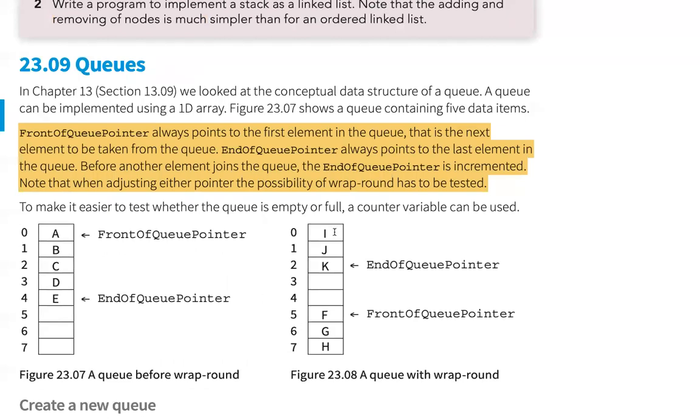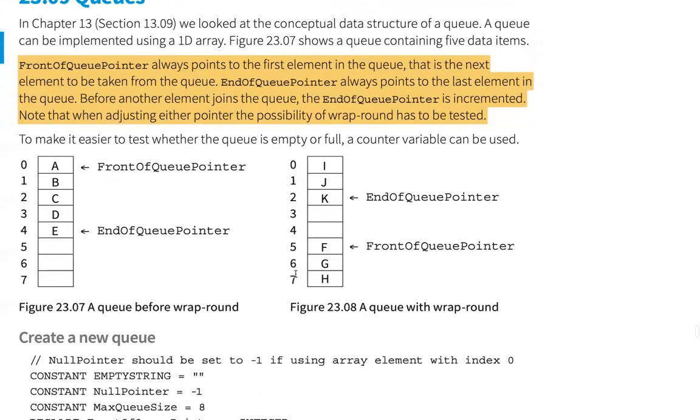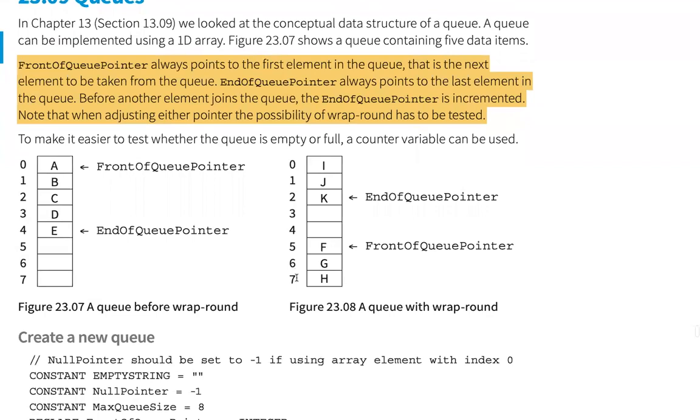Kind of like what would have happened if I added an element I, for example. Let's say that after h, my end of queue pointer is at 7, and I want to add element I. I have room here. First I will increment the end of queue pointer.